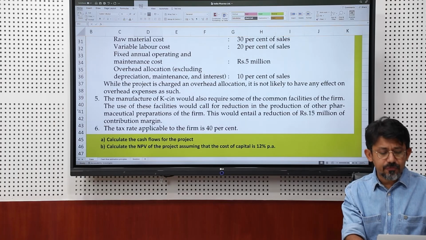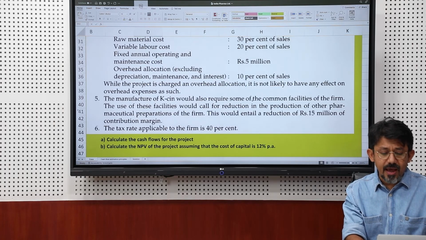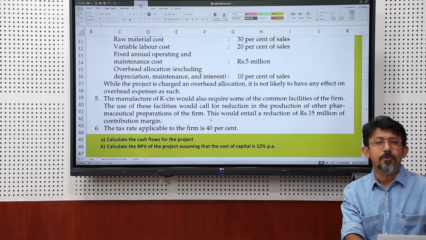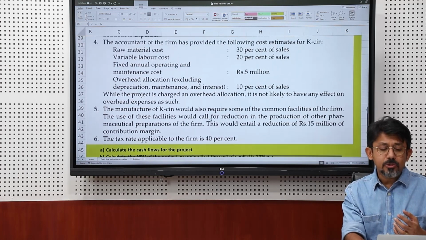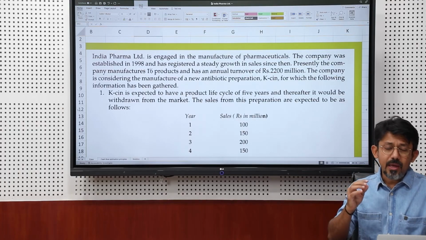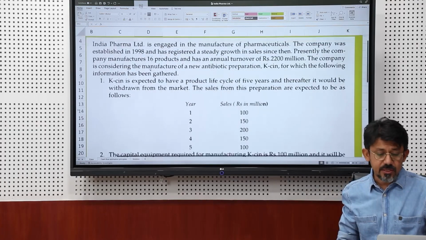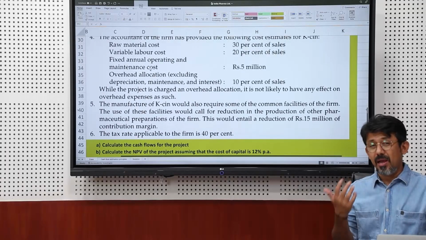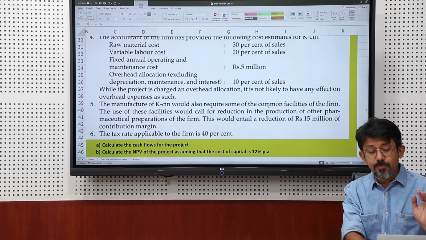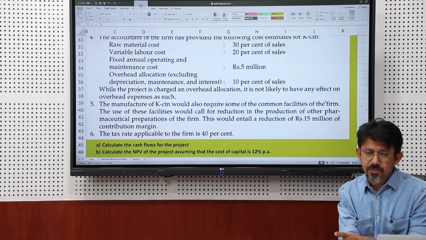The manufacture of casein would also require some of the common facilities of the firm, and the use of these facilities would call for reduction in the production of other pharmaceutical preparations of the firm. So, some sales out of these 16 products would go down as a result of launching this product. It could be product cannibalization, but over here very clearly it is said that it is because of using common facilities of the firm.